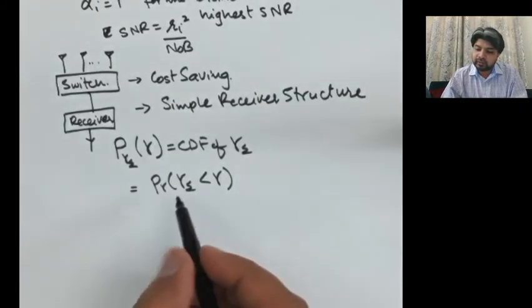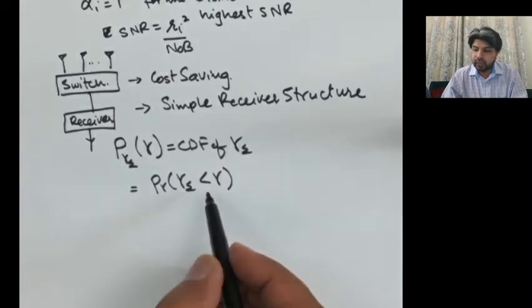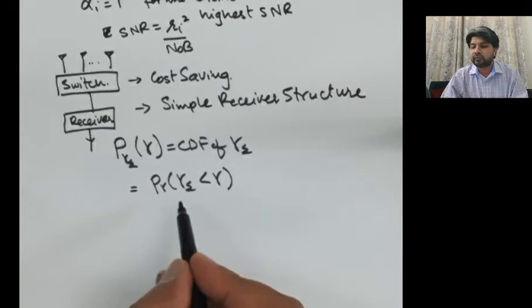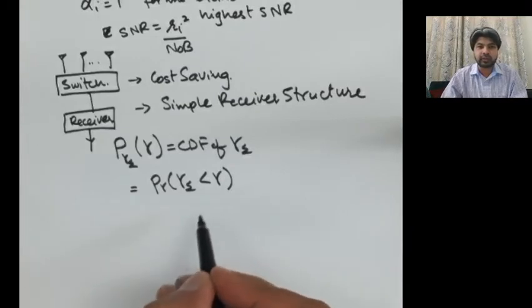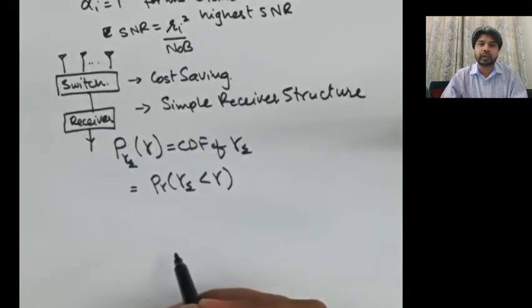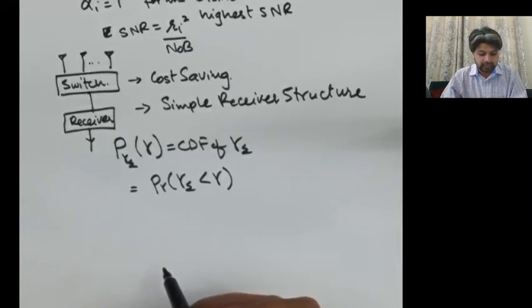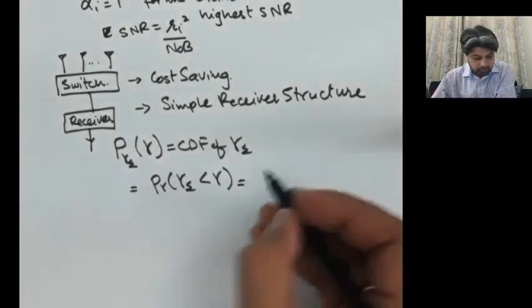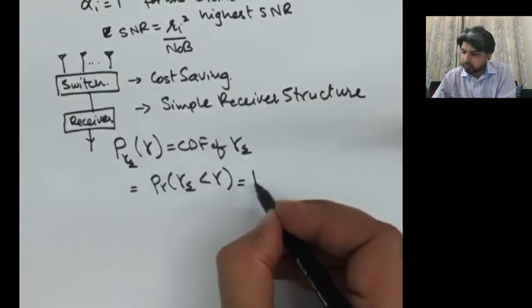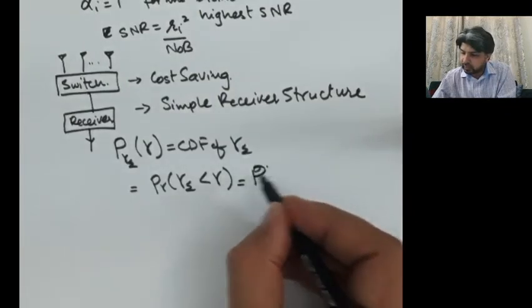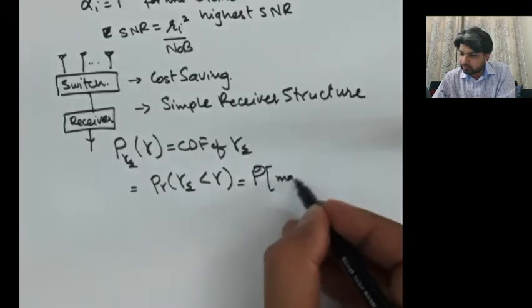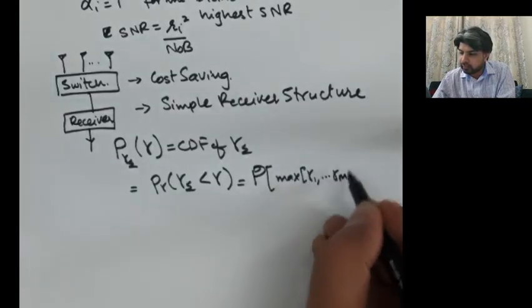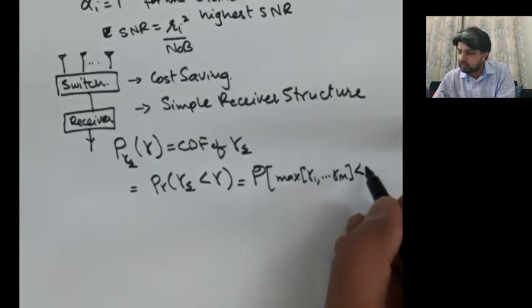Now if this gamma sigma is less than gamma, and remember your gamma sigma is the branch which has the highest SNR, then that would mean all the M branches would be less than gamma. This means the probability that the maximum of gamma 1 all the way to gamma M is less than gamma.